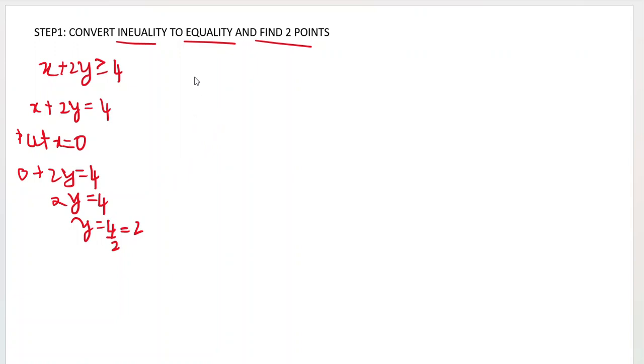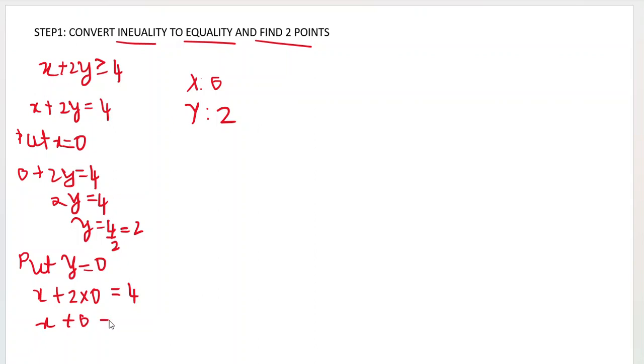So we get the first point as 0, 2. Now again we put y as 0 to get the second one. We get x plus 2 into 0 is equal to 4, so x plus 0 is equal to 4, and x is equal to 4. So we get x as 4, y as 0. This is your second point.